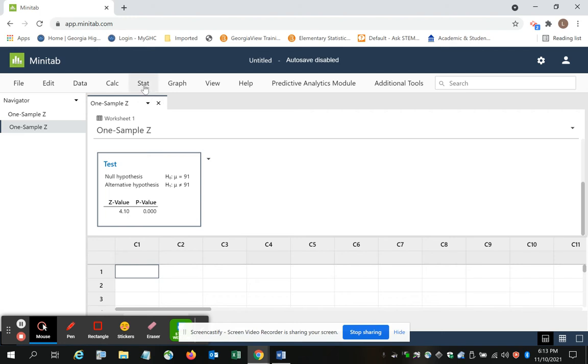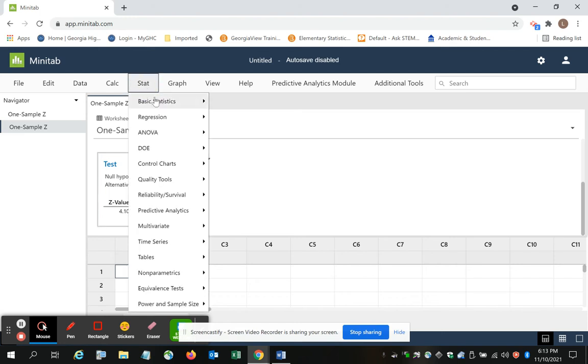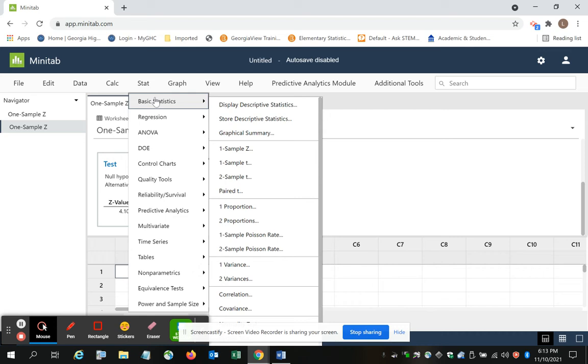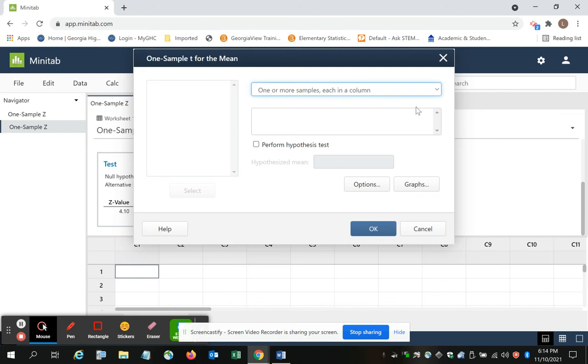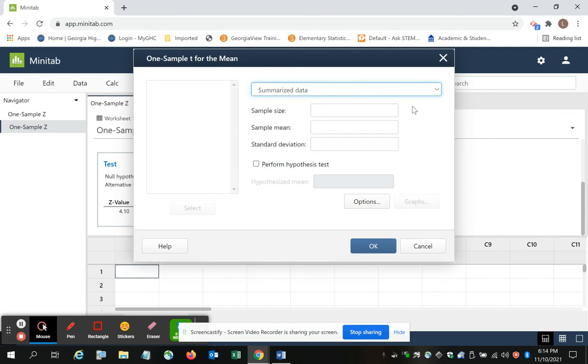This time we go Stat, Basic Statistics, One Sample t, because we are doing a t-test. Again, we are given the summarized data. We have the values already determined for us. Our sample size was 64. The sample mean was 250.